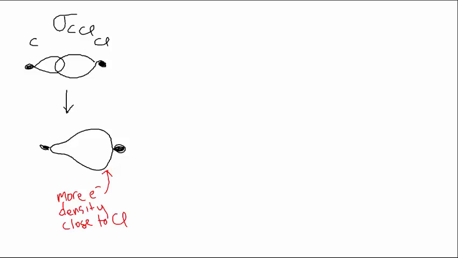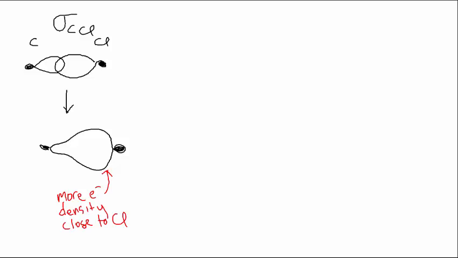And what does it mean to say that the carbon-chlorine bond is polar? Come on, you know what that means. What does it mean when I say the carbon-chlorine bond is polar? They don't share the electrons equally. The electrons are pulled closer to chlorine.